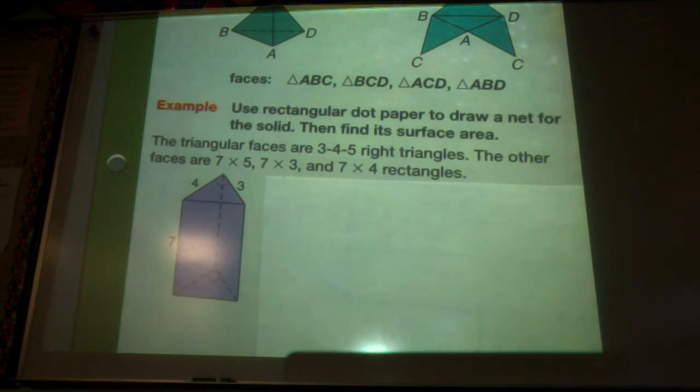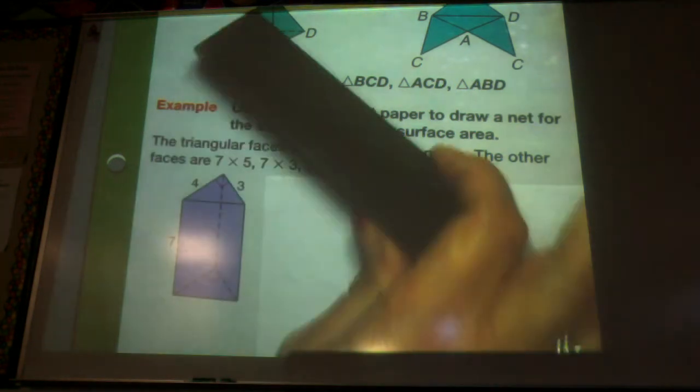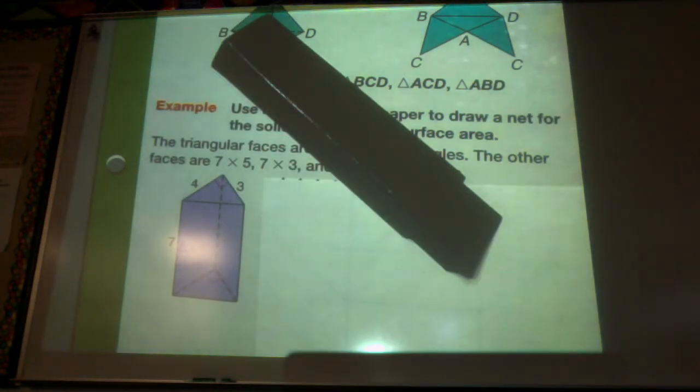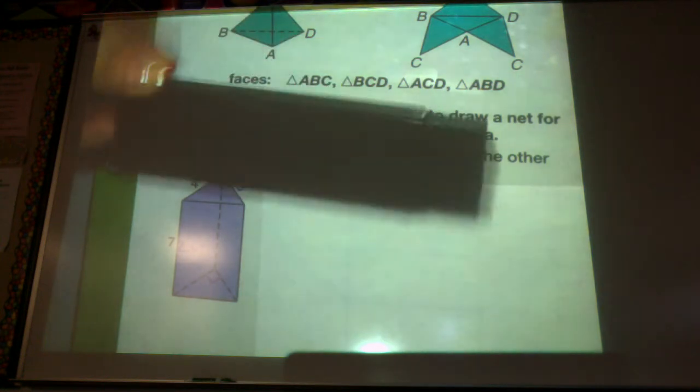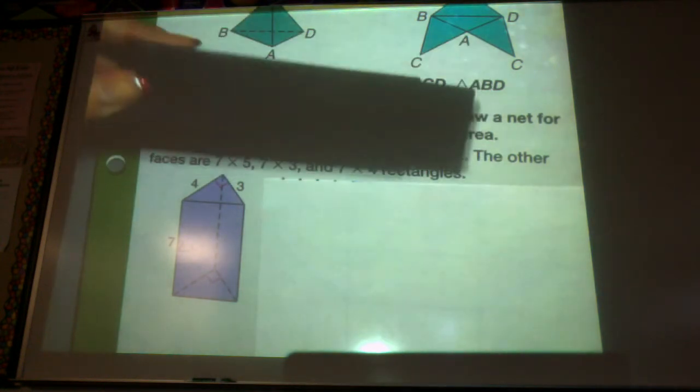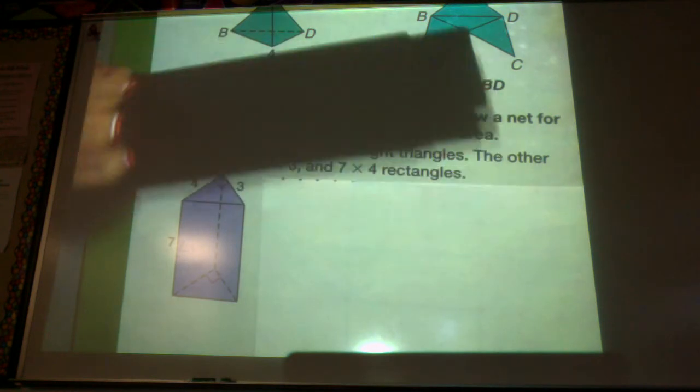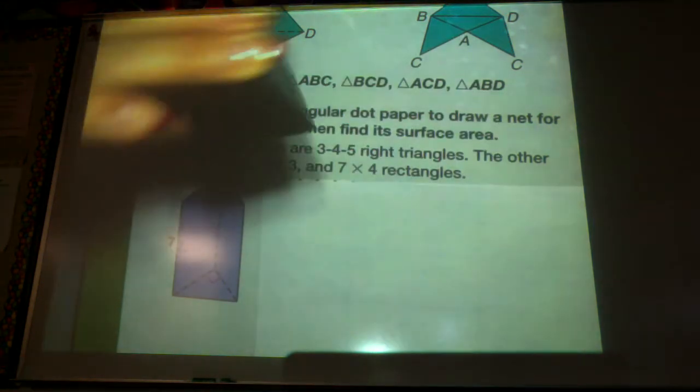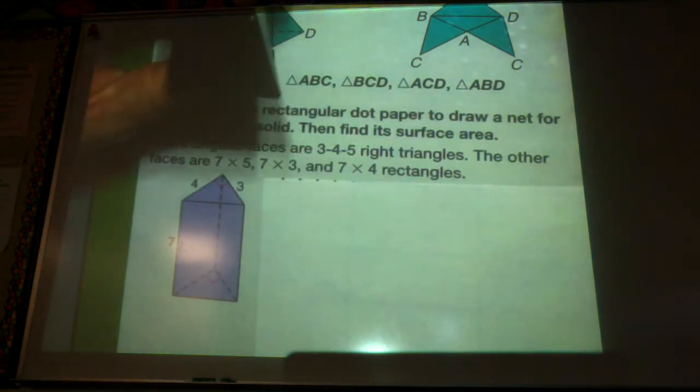And in fact, there's your 3D triangular prism. You can see that all those faces are rectangles. And then here's the base triangle.